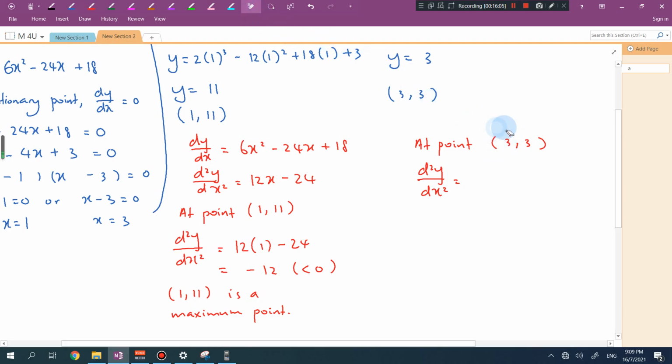We only take the x coordinate and substitute it into the second derivative. 12 times 3 minus 24. 36 minus 24. This is 12. Greater than 0. Greater than 0 means a minimum point. I hope that you still remember this. (3, 3) is a minimum point.